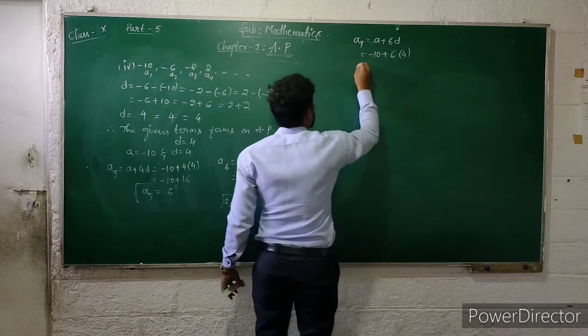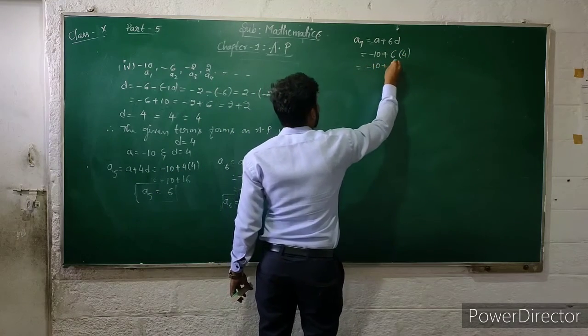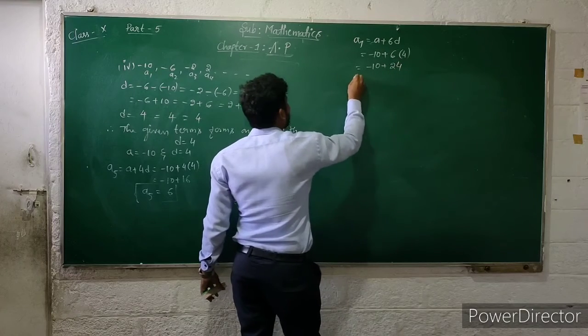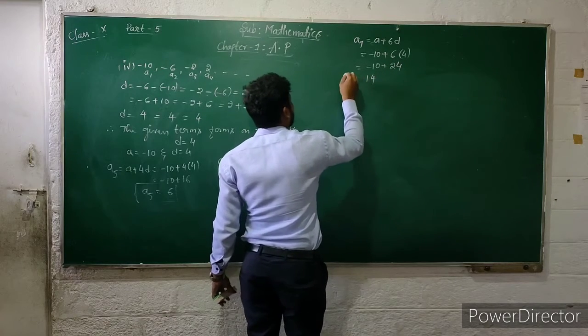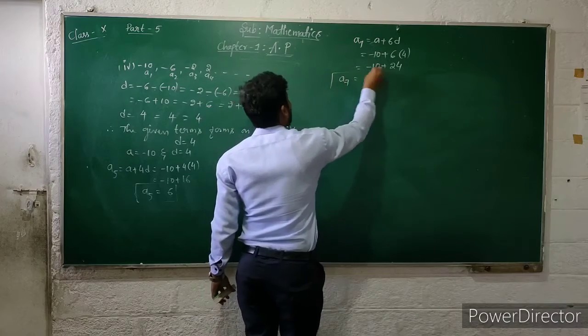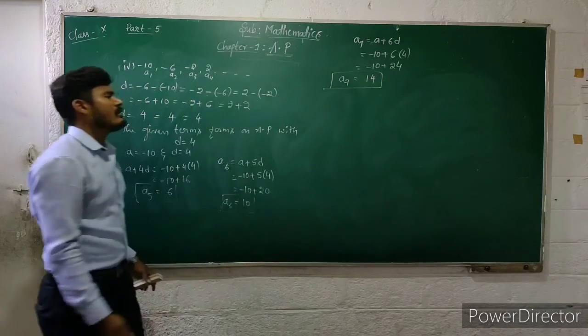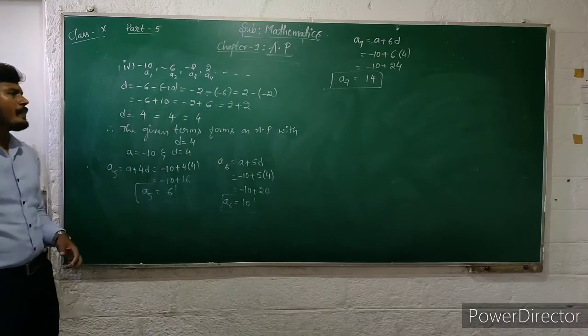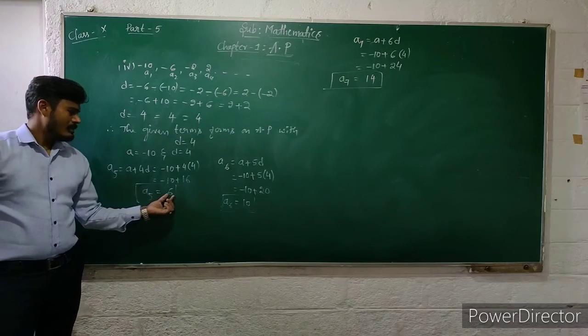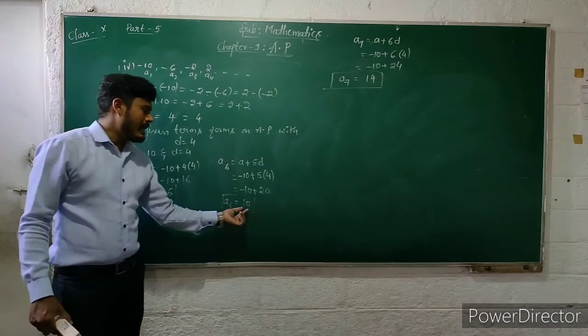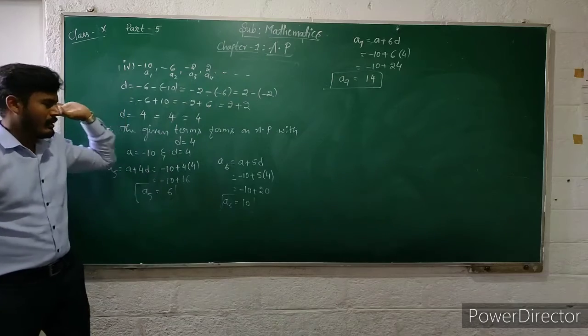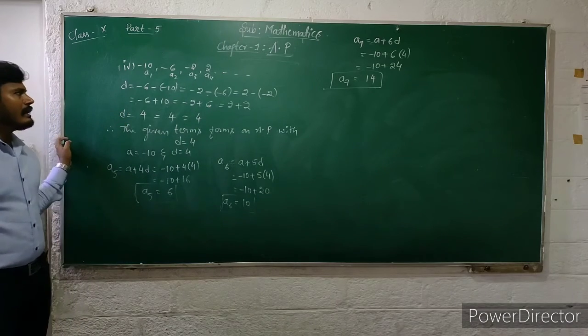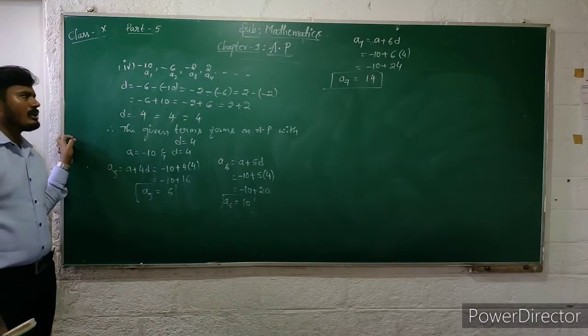So 6 of 4. This is equal to -10 plus 24. So this is equal to 14. Seventh term is 14. So the remaining three terms of the given AP are 6, 10 and 14. So these are the remaining terms of the arithmetic progression.